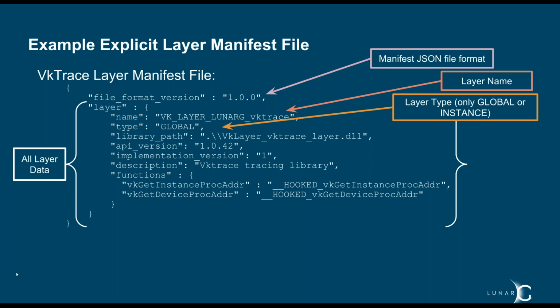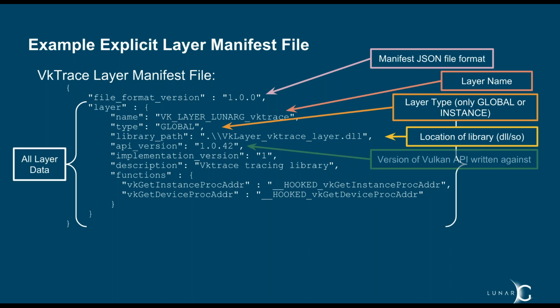You're just going to want to set it to global or instance. If you do set it to device, then your layer will just get ignored. The library path allows the loader to find the actual library which the layer is contained in. Like the ICDs, this can be either an absolute path or a path relative to the manifest file.